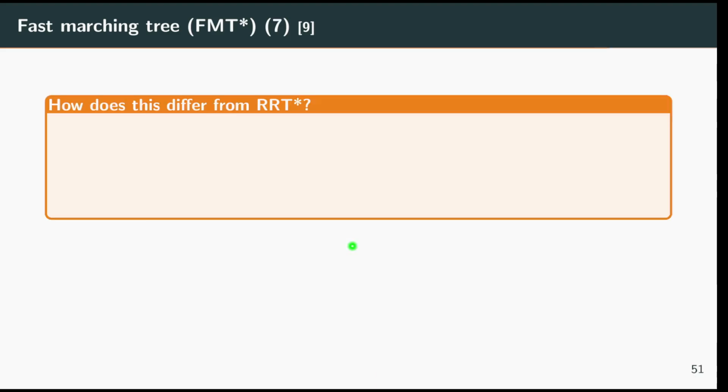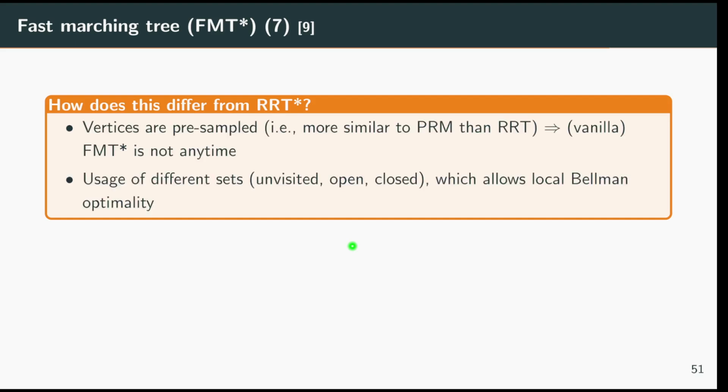The main difference to RRT star is that, at least in this pseudocode, we need to pre-sample all the vertices, because we need to fill these initial sets of vertices. Otherwise, it doesn't work. And then we have these different sets, and they essentially allow us to use this local optimality instead of trying to first make a mistake and then repair it.